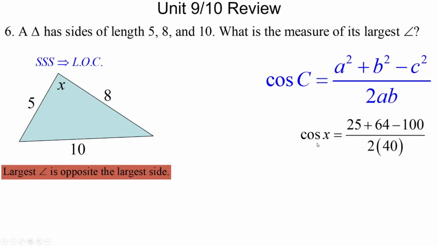All right, and now you're just going to go inverse cosine of everything over here on the right. So x is approximately second inverse cosine of, careful with your parentheses now, 25 plus 64 minus 100, and that quantity divided by the 80.